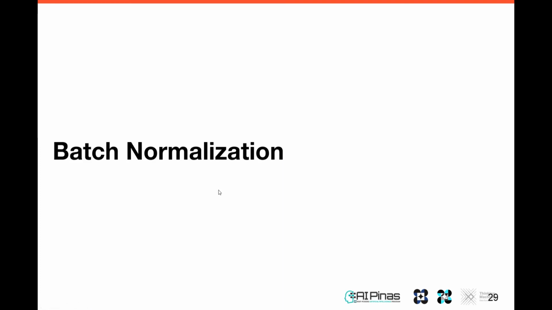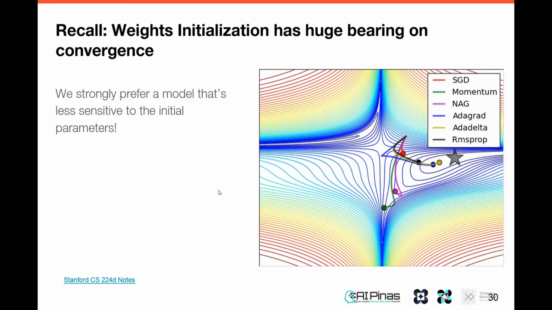Now let's talk about batch normalization. Earlier, we talked about weight initialization, about how one way to do it is to just randomly choose from a Gaussian. Another way to do it is to choose a Xavier implementation. What if we could build a model that is less sensitive to the weight initialization, that's more robust to your choices of weight initialization?